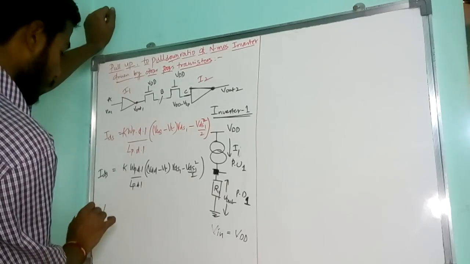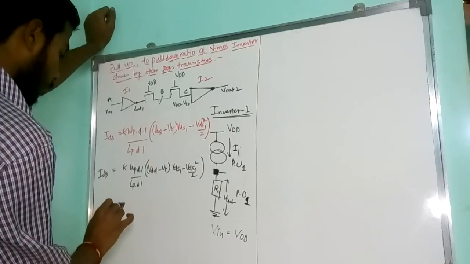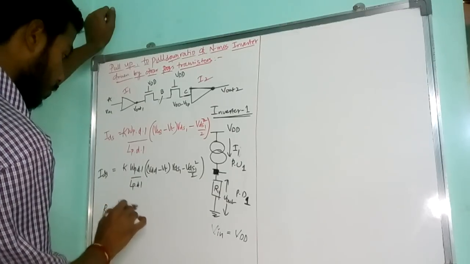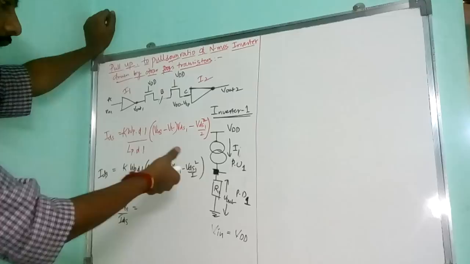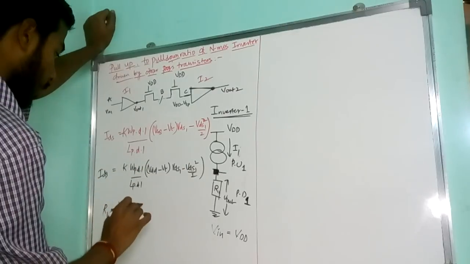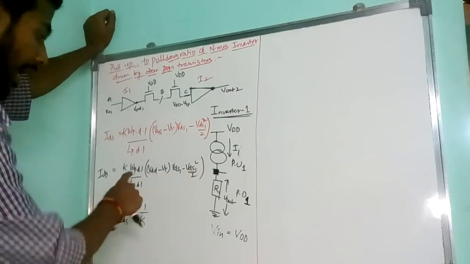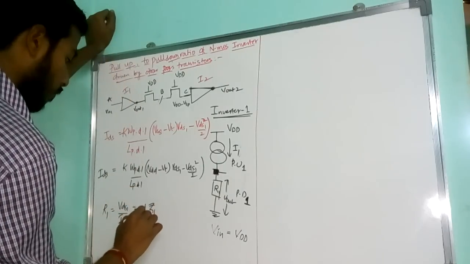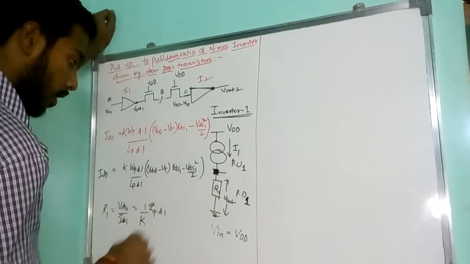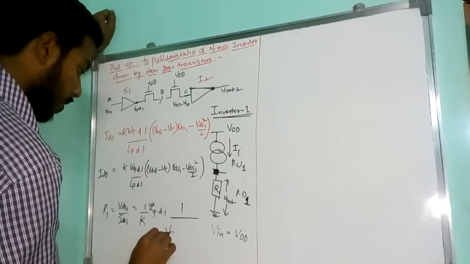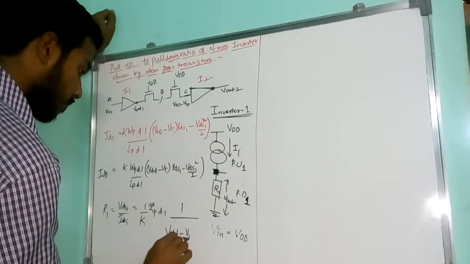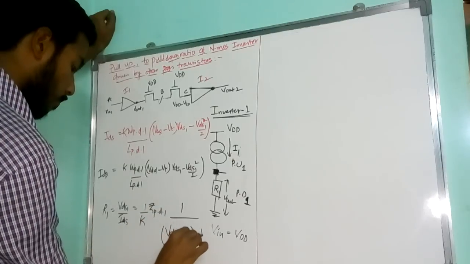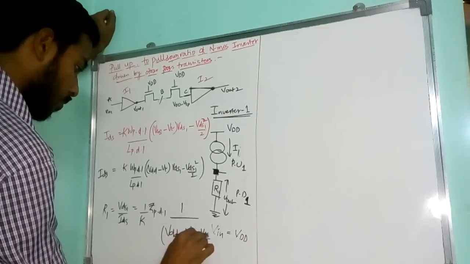What will be my R1? It is VDS1 by IDS. So cross multiplying IDS and VDS, we get 1 by K times L by omega, which is Z of PD1, into 1 by VDD minus VT minus VDS1 by 2.